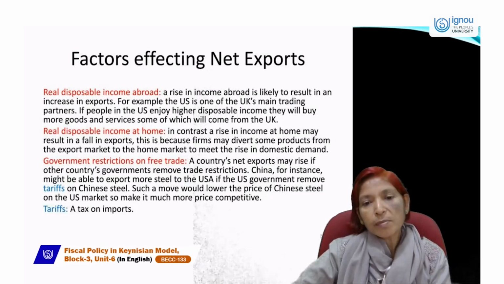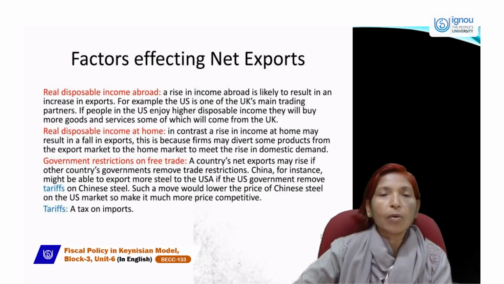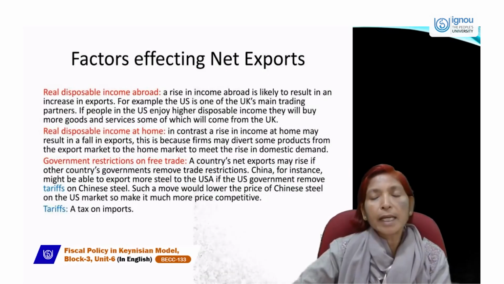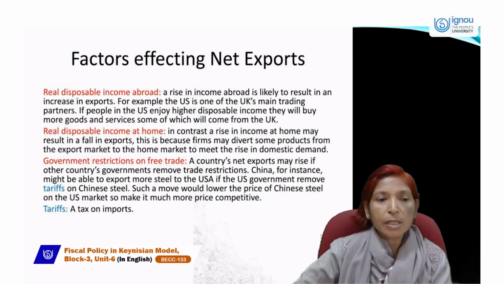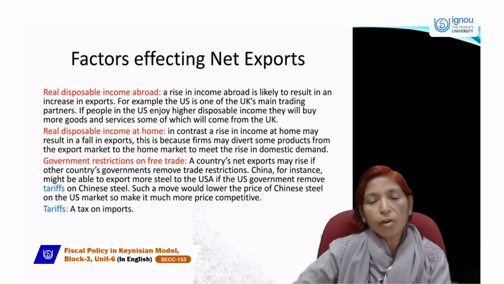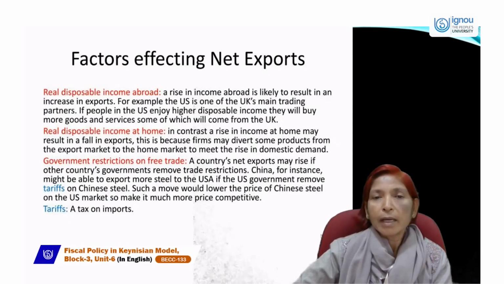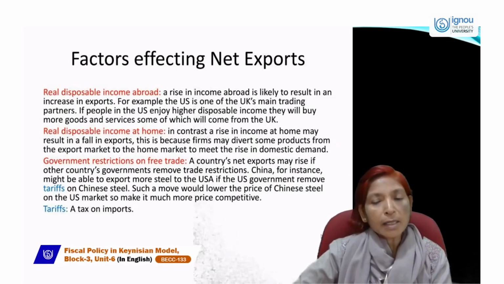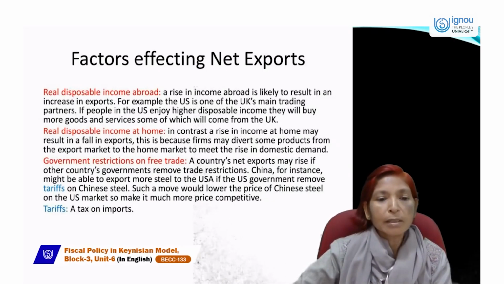This is because firms may divert some products from the export market to the home market to meet the rise in domestic demand. And government restrictions on free trade also affect net export. If a government imposes restrictions on international trade, a country's net export may rise if other countries' governments remove trade restrictions.